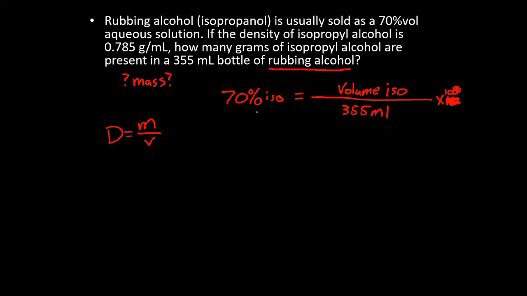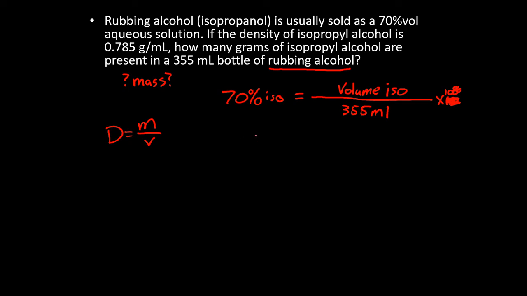So if we go ahead and solve this, we're going to divide both sides by 100%, so the percentages are going to go away. So 70 divided by 100 just gives us 0.7, and then we're going to multiply both sides by 355. That'll get rid of the 355 down here, so it'll be 0.7 times 355.